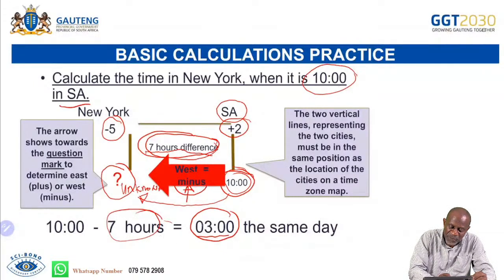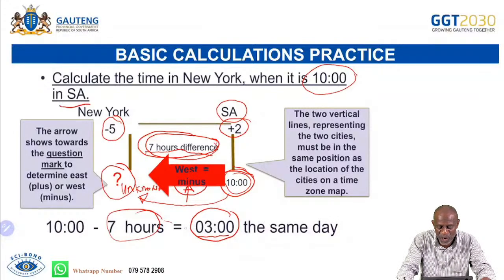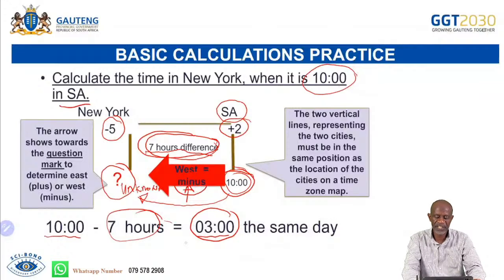So the difference between the two countries in respect of time is 7 hours. So New York is behind Johannesburg or Cape Town by 7 hours. Hence, our answer comes, or we arrive at a 3-hour time. So this 03:00, just to demonstrate the time difference.